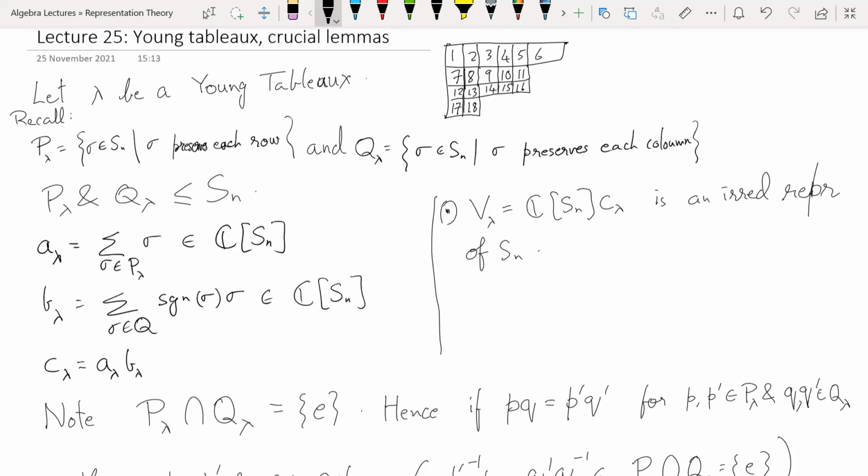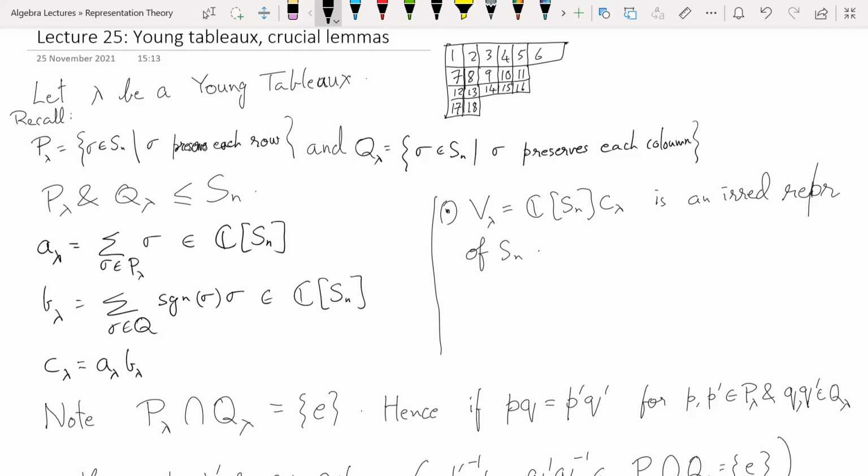And if lambda is different from lambda prime, two different Young diagrams, then you'll get non-isomorphic irreducible representations. Okay.